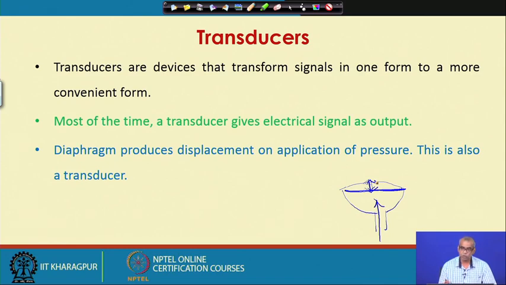Later on we will talk about the diaphragm gauge, and you will see that this deflection is a measure of this pressure. So, for this diaphragm gauge, pressure was input and this deflection, which is basically a displacement, is an output.